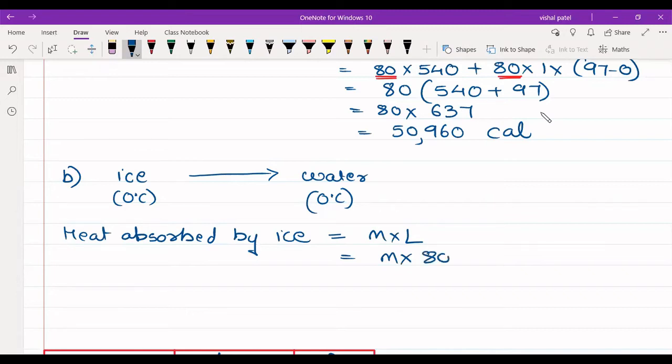M into 80 calories, because they have not given the mass.